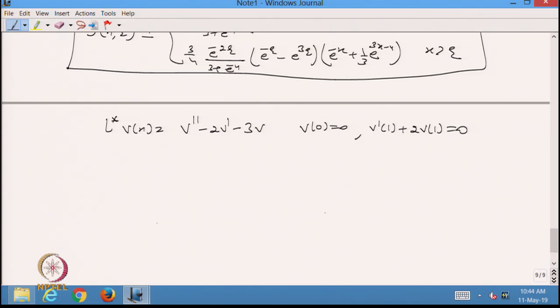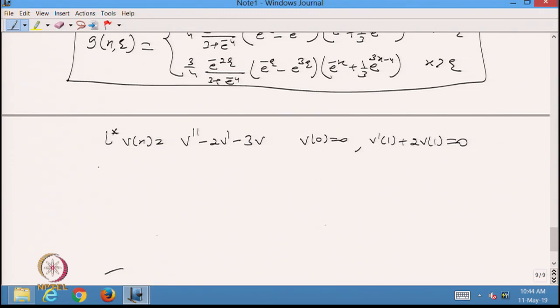So, this is the adjoint operator we found, and from here I want to find the green function. I represent it by star here, so L star G star is equal to delta x minus psi. To find G star, let us solve L star V x equal to 0.